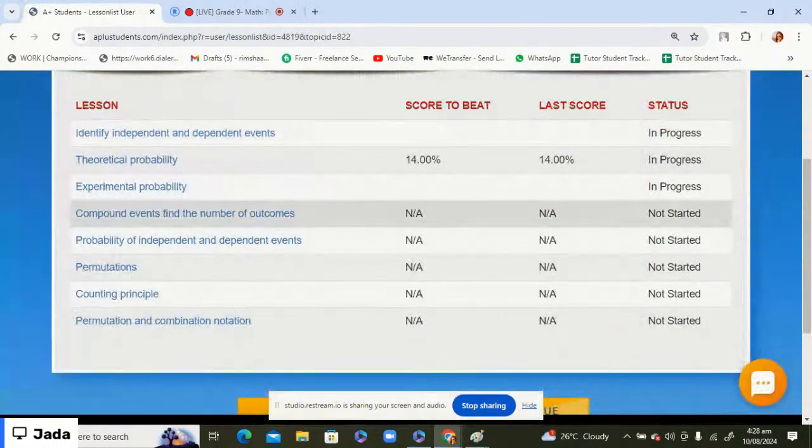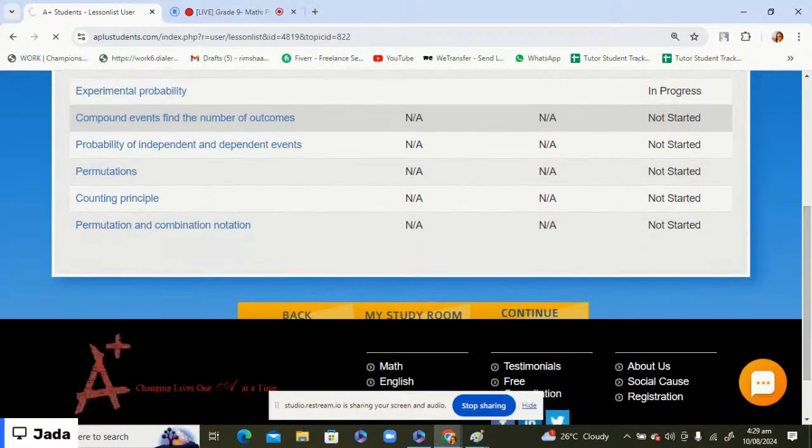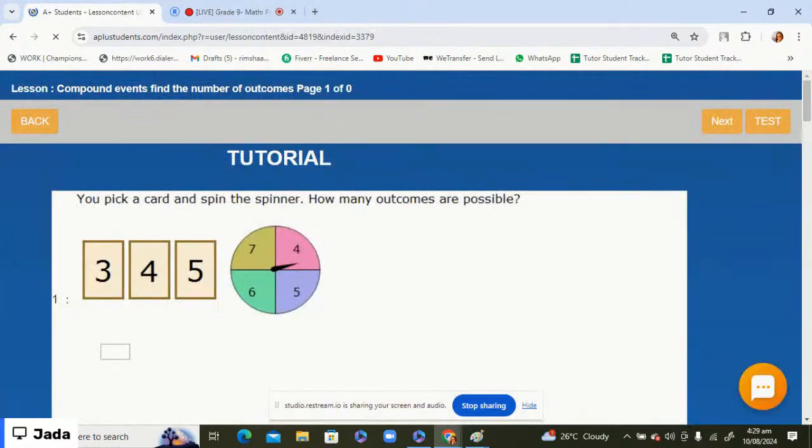Okay, so the fourth topic we discuss today is compound events, find the number of outcomes. So you pick a card and spin the spinner.